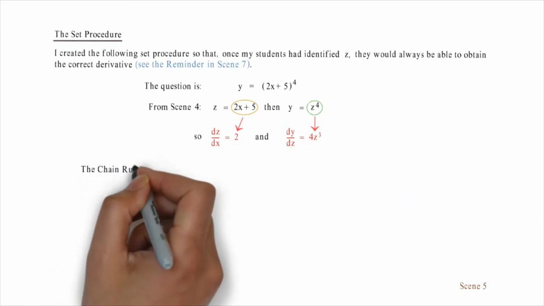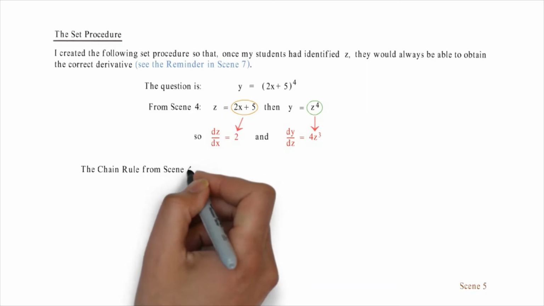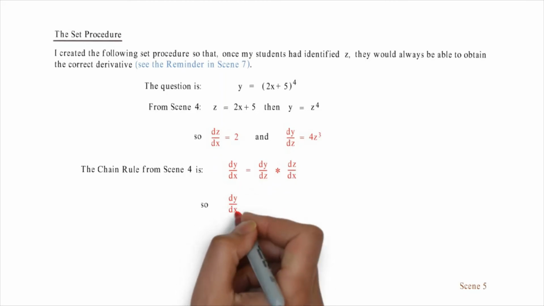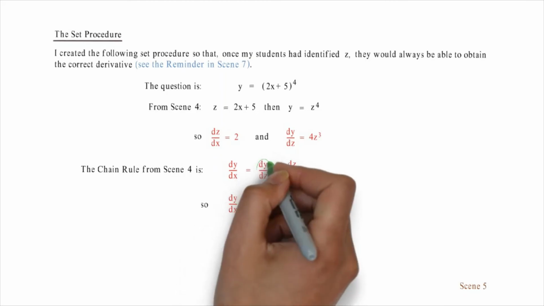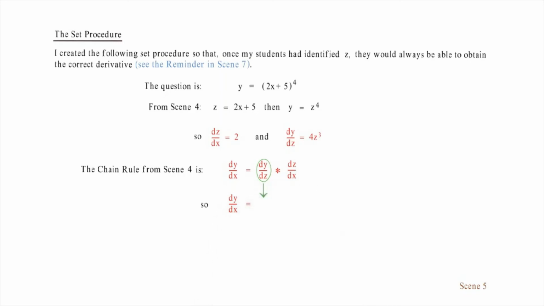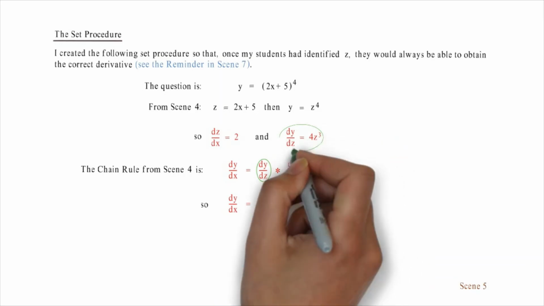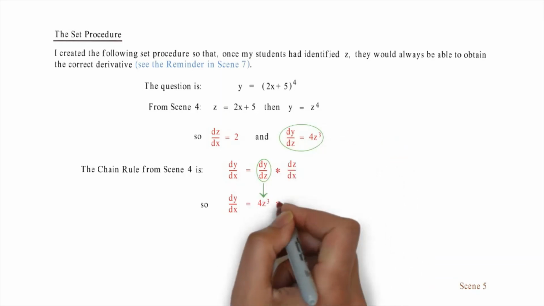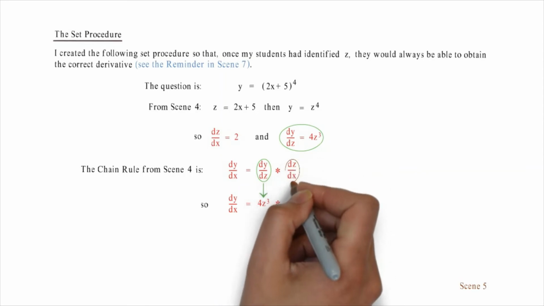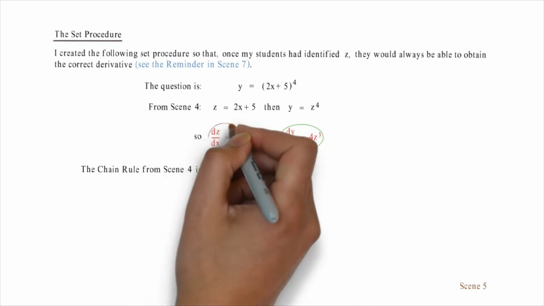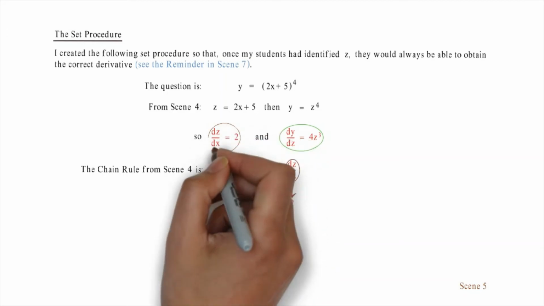The chain rule from scene 4 is, so dy by dx equals dy by dz, which is 4z cubed, times dz by dx, which is 2 because dz by dx equals 2.